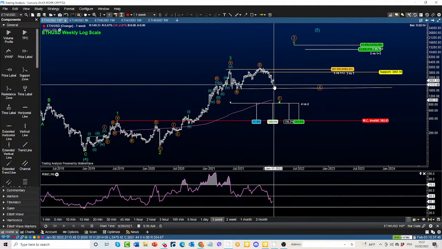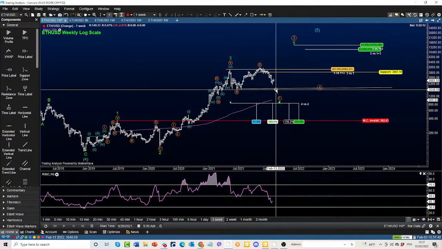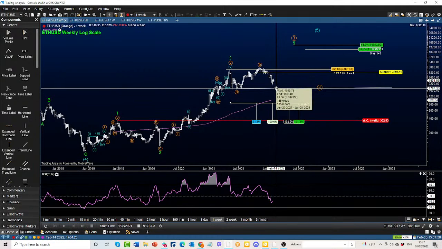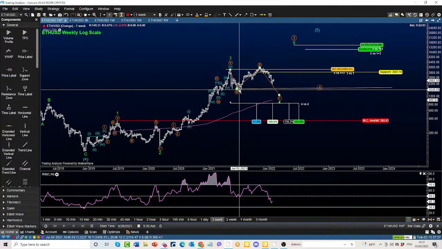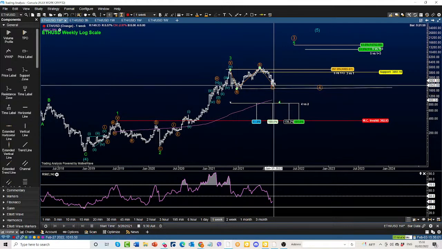I will stay again, as in Bitcoin, pointing out to you these key levels which you need to look at. 1000, this level where we mark this wave A, which actually comes to 1700, should be watched very carefully.